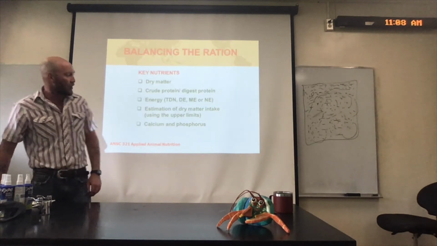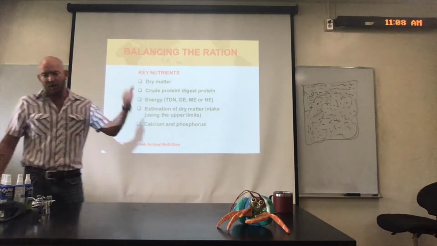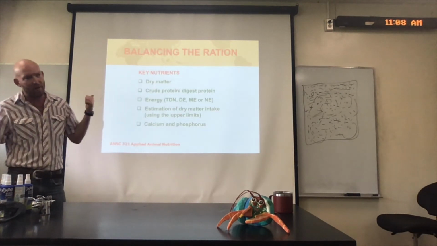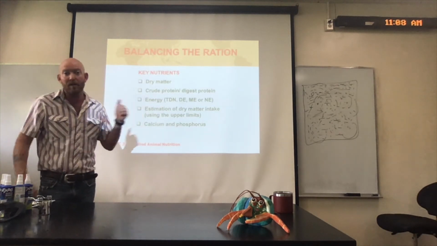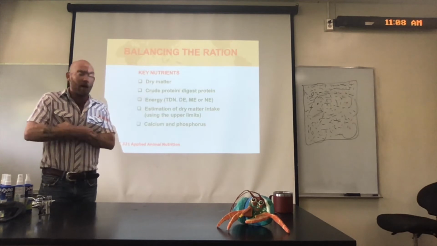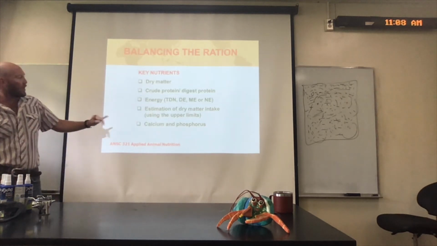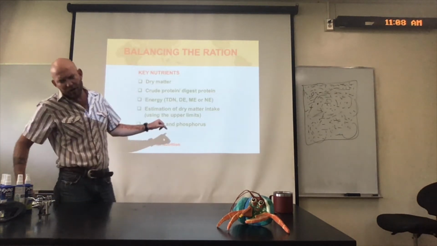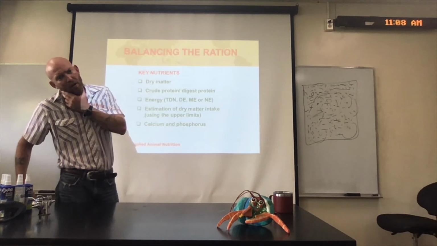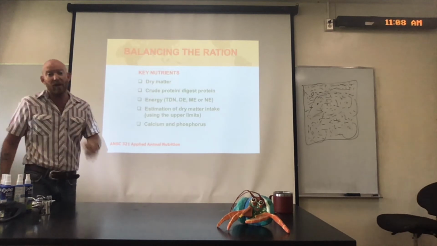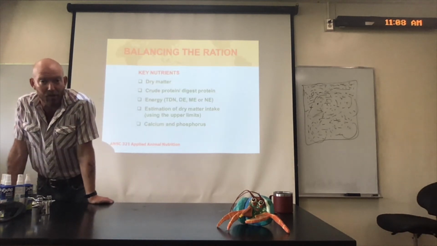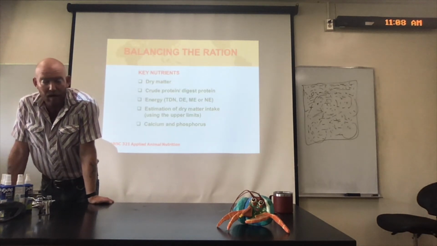Calcium and phosphorus are also very important. We saw them in the daily nutrient requirement tables, and we can balance them just like we can balance for anything else. If you are lacking there, we mentioned one of the sources of calcium, at least, was limestone, agricultural lime, essentially.